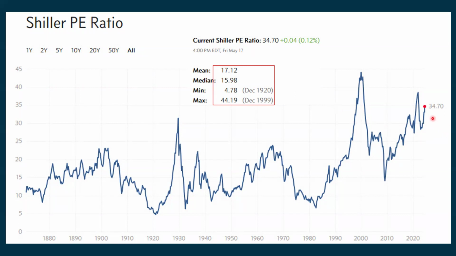And right now it's coming in at 34.7. Well, to get some context, we can look at a historical chart. We can also look at the median and the mean, and we're right anywhere between 16 and 17 for the median and mean. So we're about double what we are usually at on a historical basis based on the Shiller PE ratio. So stocks are looking expensive.